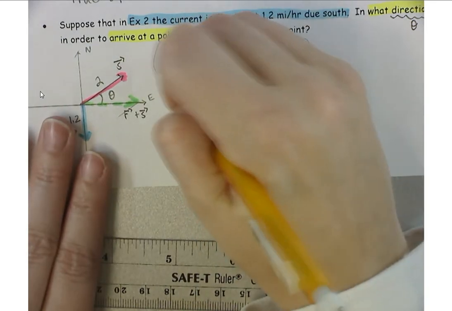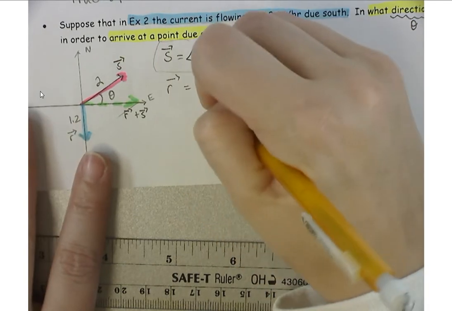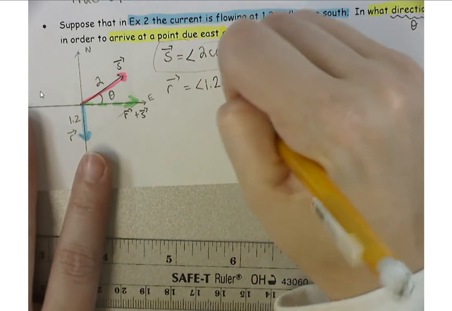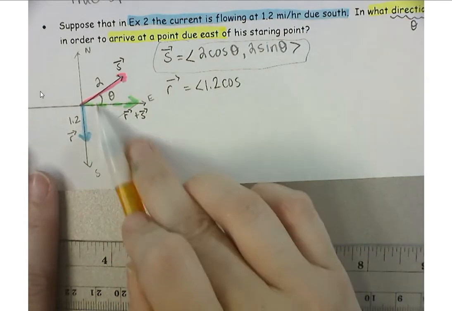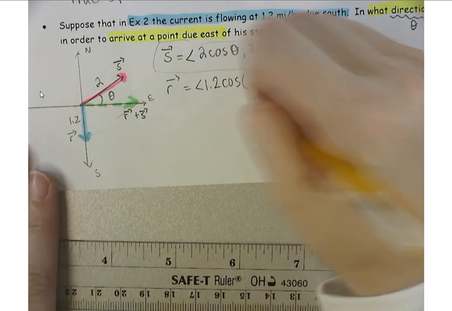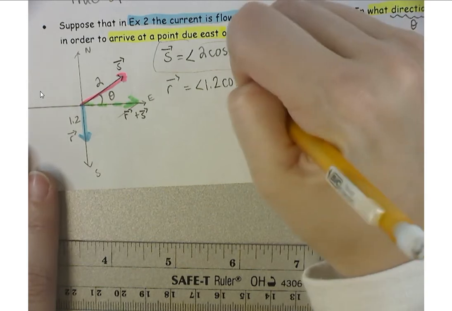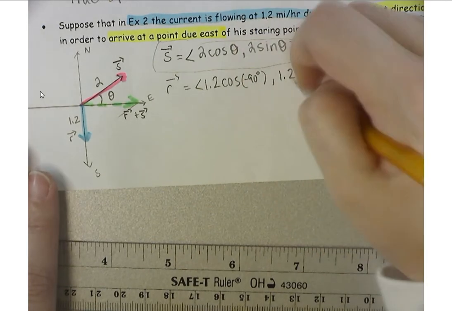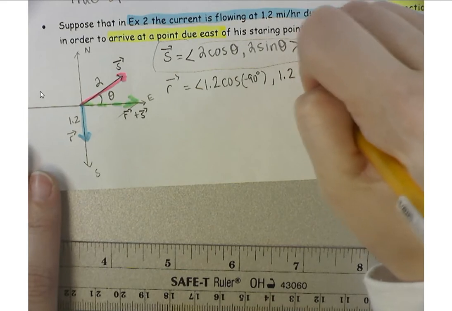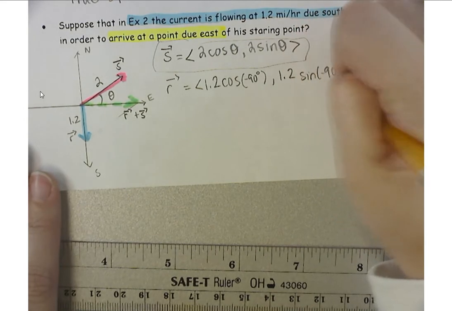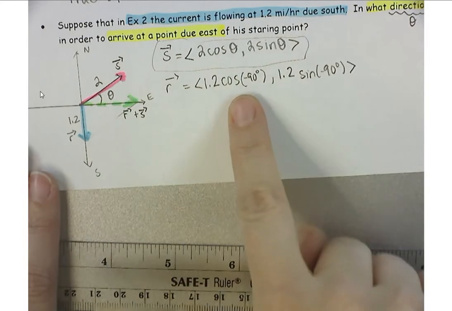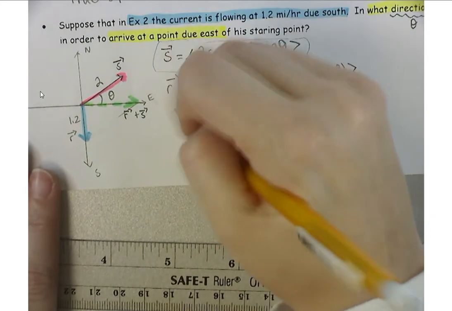Now we're going to do the river vector, which is 1.2 cosine of, what's this angle? It's still negative 90 degrees, right? Or 270? Okay, so at negative 90, the cosine is what? 0.